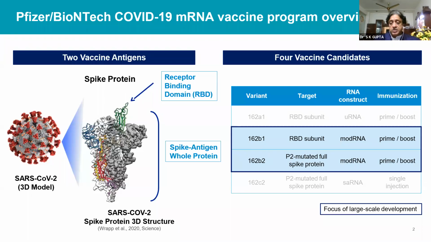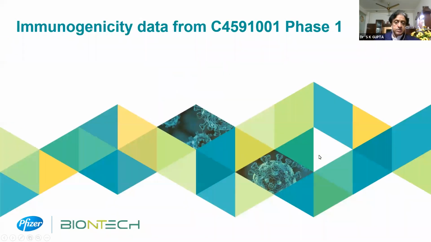They had the experience and utilized it in producing the vaccine for the coronavirus. They had four vaccine candidates, and had modified the mRNA into four ways: 162A1, 162B1, and B2, and they used these two, 162B1 and B2 mRNA, to mount a vaccine.